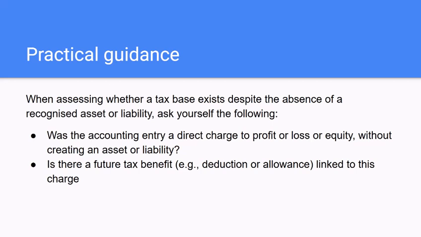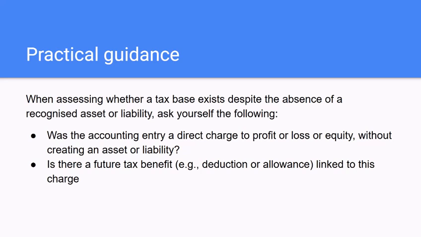So when you have that situation where you have a charge but you don't have a corresponding asset or liability, you also want to check, does it create a future tax consequence?